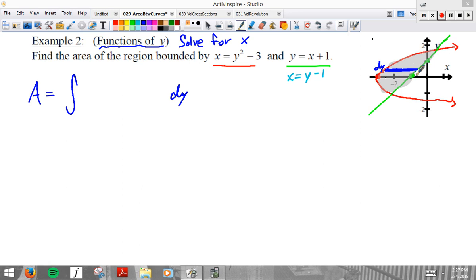So when we do right minus left, I cannot be using x plus 1. So the right side is this line. I'm saying you must use y minus 1 minus the left curve, which is y squared minus 3. This is right. The most common student mistake, in case you can't visualize it, would be something more like this.